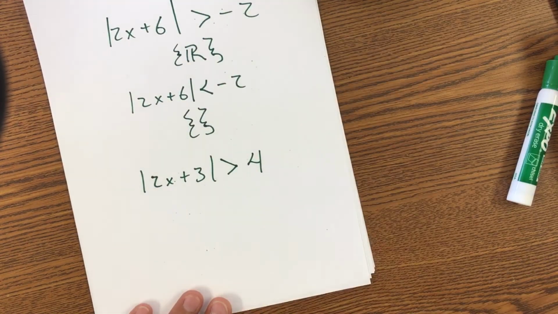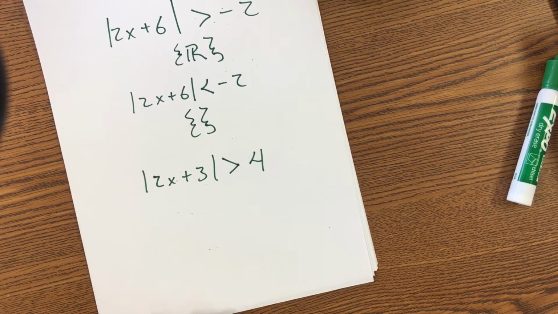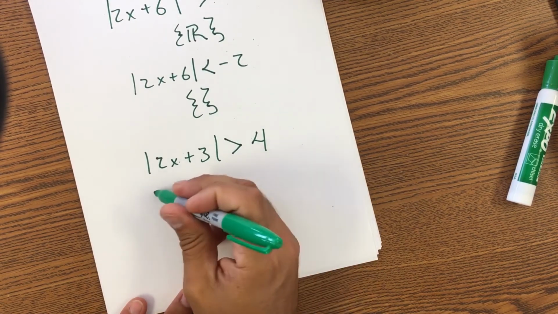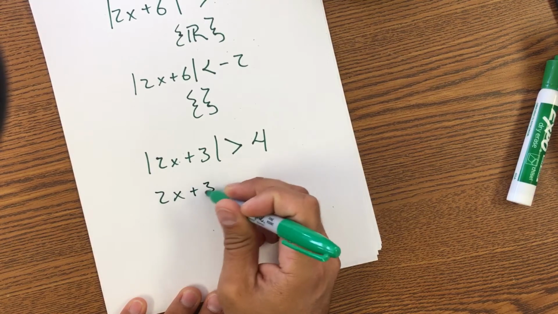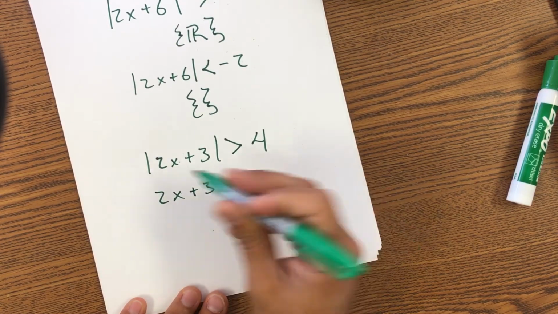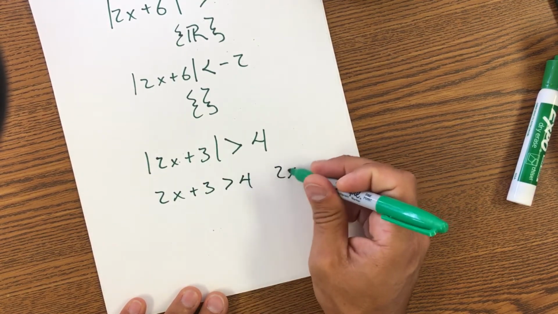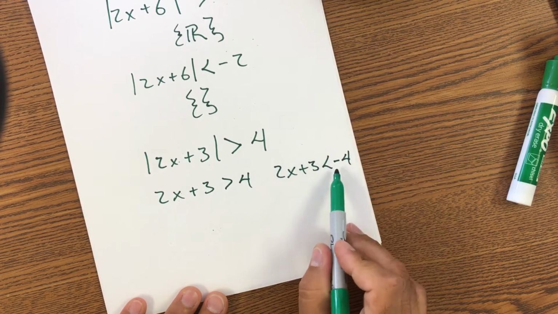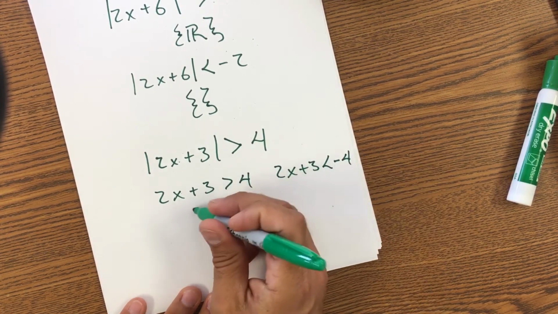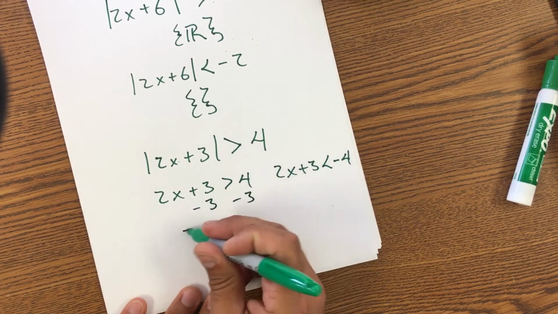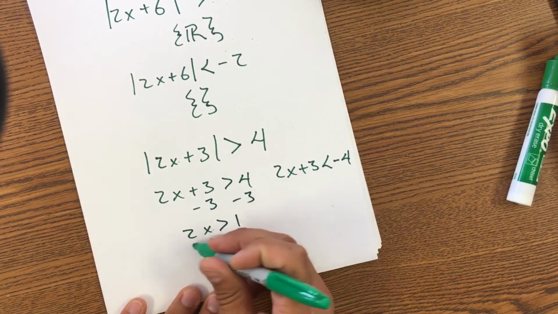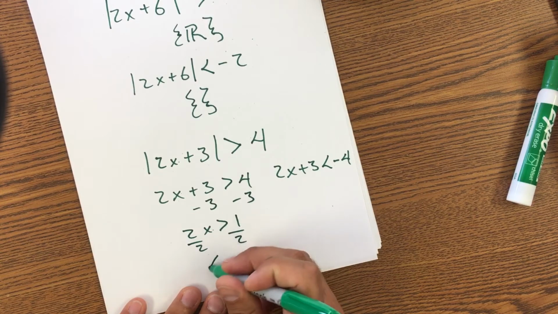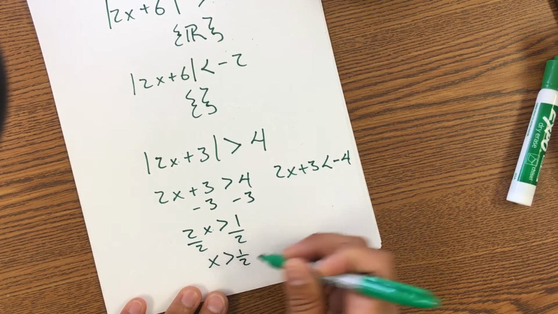Well, this one's greater than. We still do the same process, but it turns out our answer is a little bit different. So I'm going to go 2x plus 3 is greater than 4 because the absolute value is already by itself. 2x plus 3 is less than negative 4. Because when I turn this negative, I flip this guy around. Subtract the 3. 2x is greater than 1. Divide by 2. X is greater than 1/2.